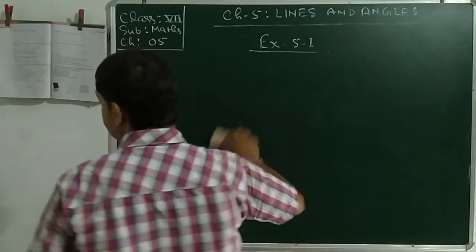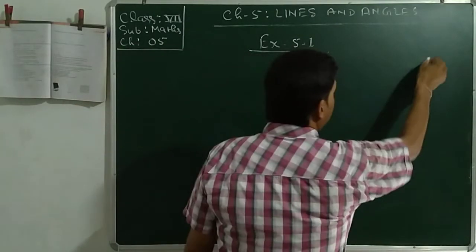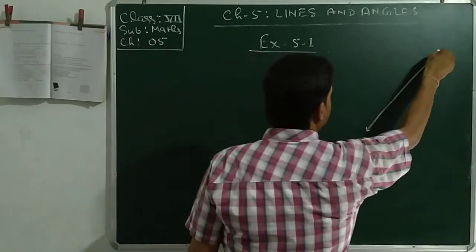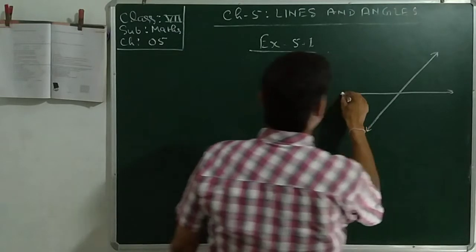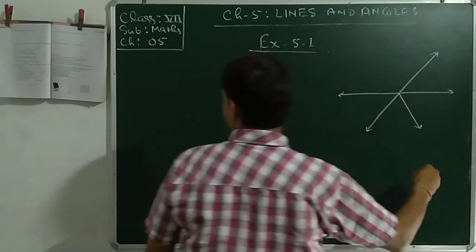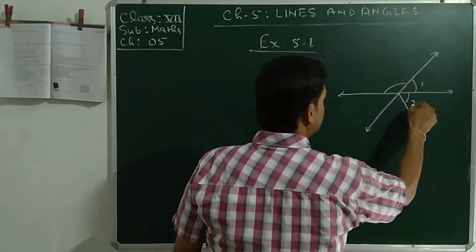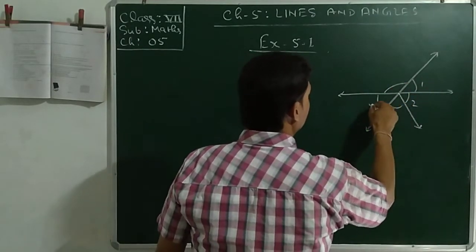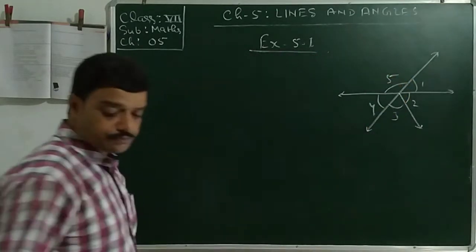In this figure, once again, two lines are intersected and one ray has been raised from the intersection, and angles are named as 1, 2, 3, 4 and 5.